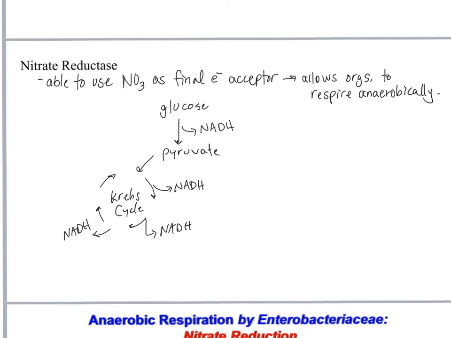Now, those electrons get dropped off at the electron transport chain, which remember in prokaryotes is going to be in the cell membrane.